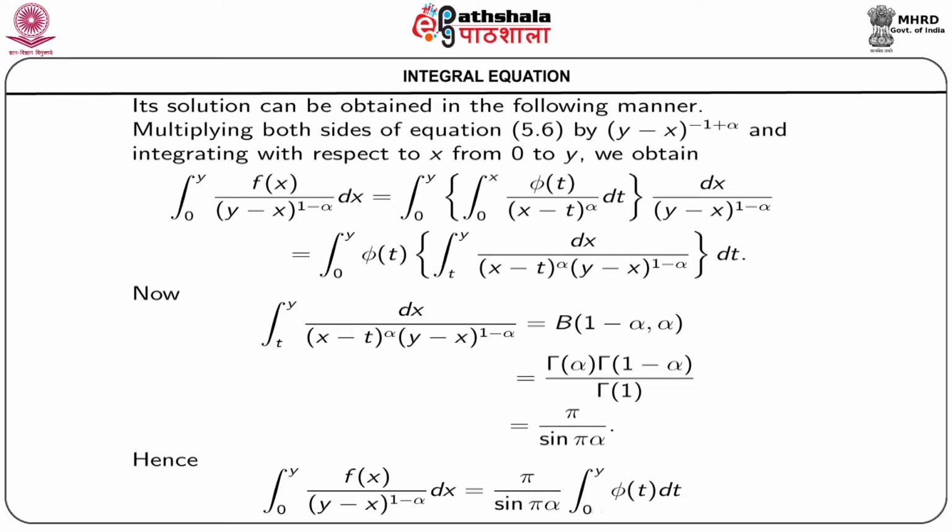And if we substitute this value of inner integral, then we obtain integral 0 to y fx divided by y minus x to the power 1 minus alpha dx. This is equal to pi by sin pi alpha integral 0 to y phi t dt.